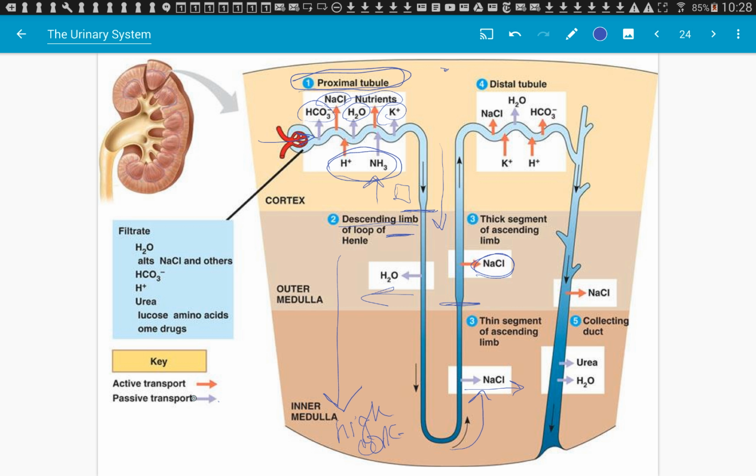However, this time it's active. So this down here, this is passive, where the walls are thin, and then the thick segment of the ascending loop of Henle, you're actively transporting sodium chloride out using energy. So you're getting a lot of sodium pumped back out, diffusing out and pumped back out.